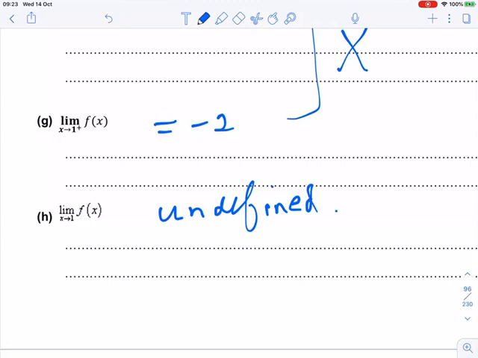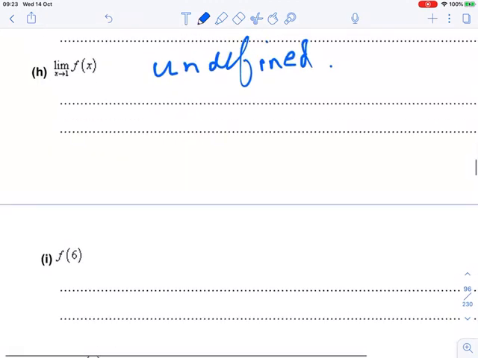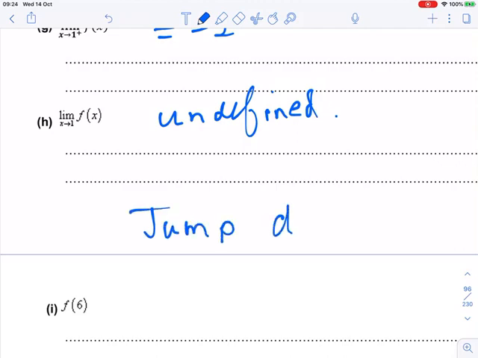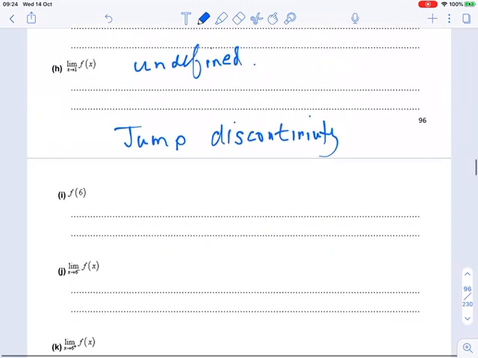Okay, so the limit there is undefined, and then we call it a jump discontinuity if that happens. Okay, it's a jump discontinuity.